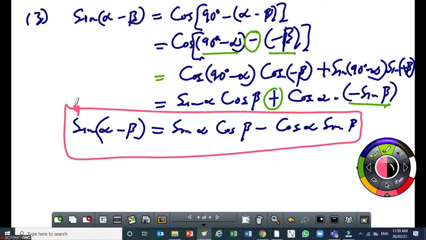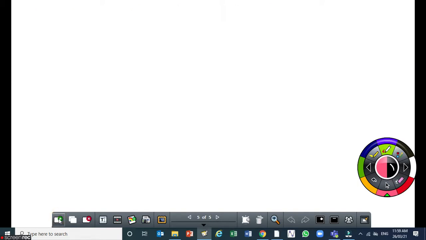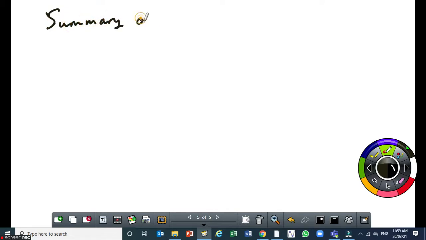I'm writing the heading: summary of the compound angle formula.